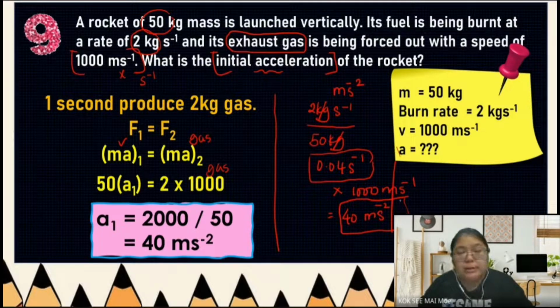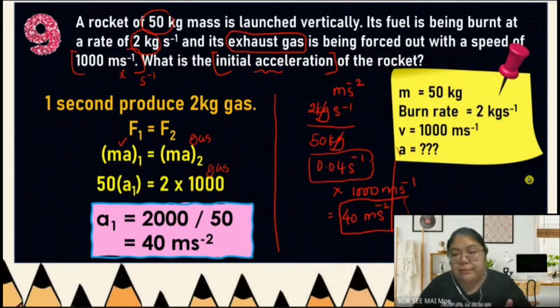Okay, so this one is question 9. So after question 9, that means we finish all the example questions for the impulse and also impulsive force. Okay, then I need to go to the following: applying the impulsive force for car safety.